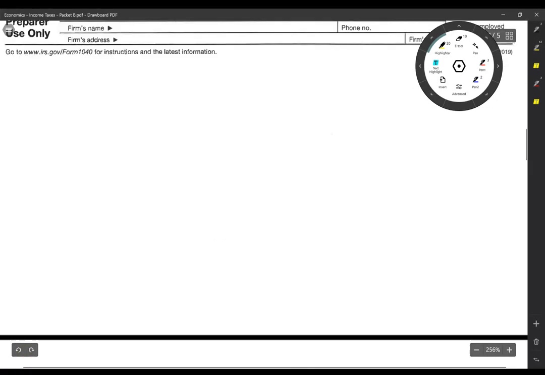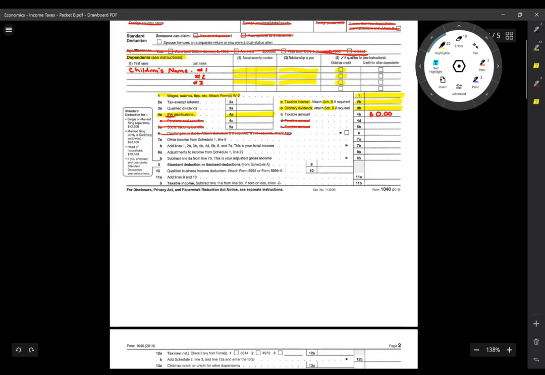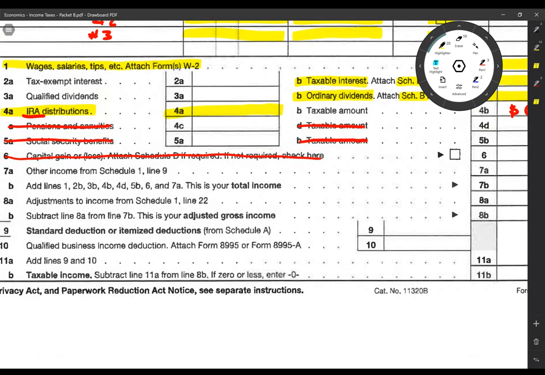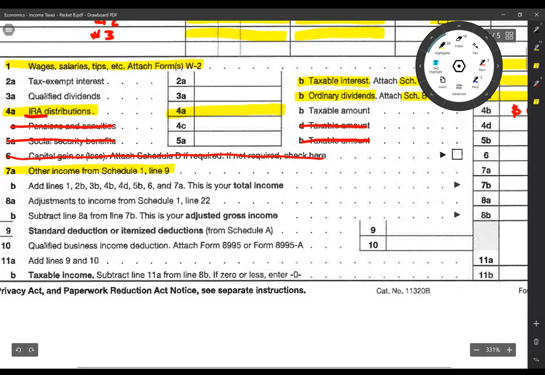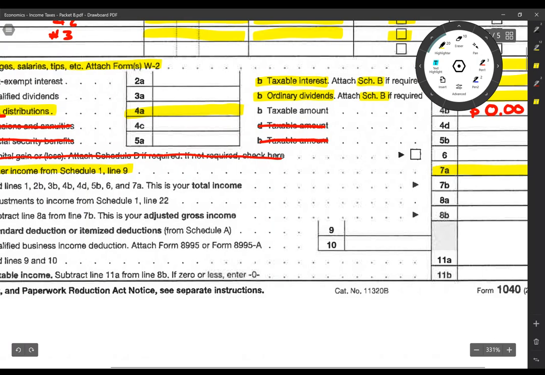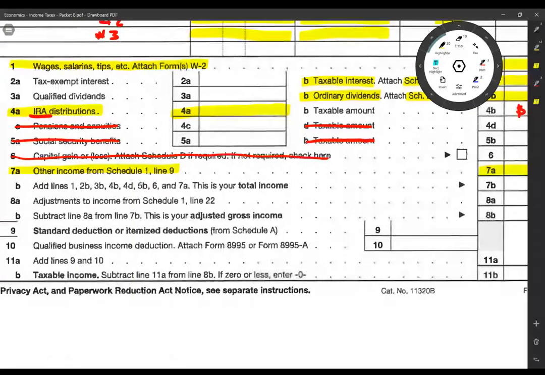All right, so let's go back up. Will there be other income? Yes, there will, so you will need to fill that out and put that over here as well. Then it says add lines 1, 2B, 3B, 4B, 4D, 5B, 6, and 7A.